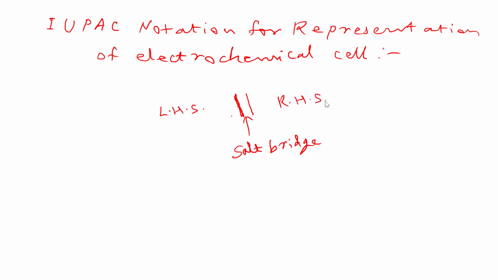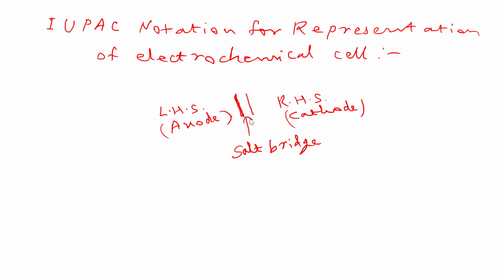You can decide easily. On the left hand side, we mention the anode half cell. As in the diagram we have anode on the left hand side and cathode on the right hand side. And on the right hand side we mention the cathode half cell. So this is the first thing to mention.